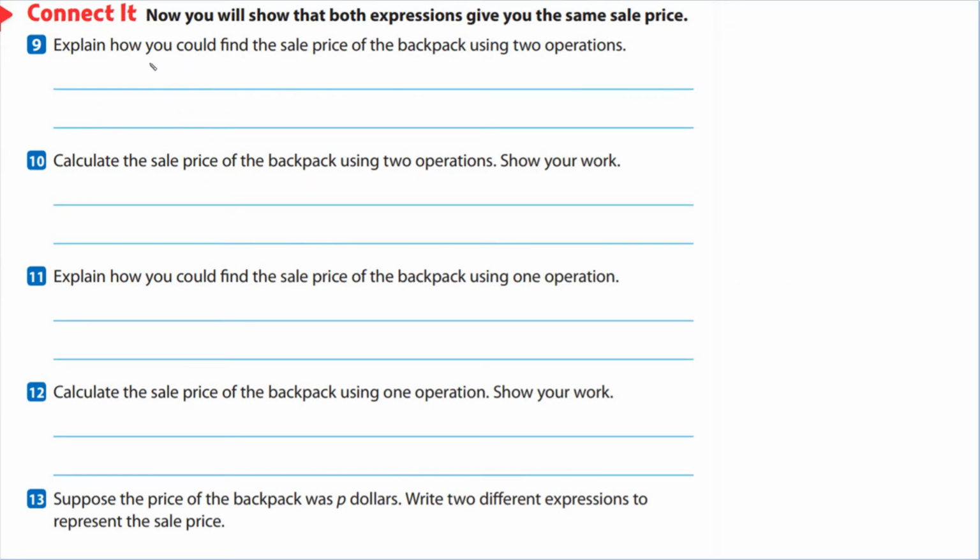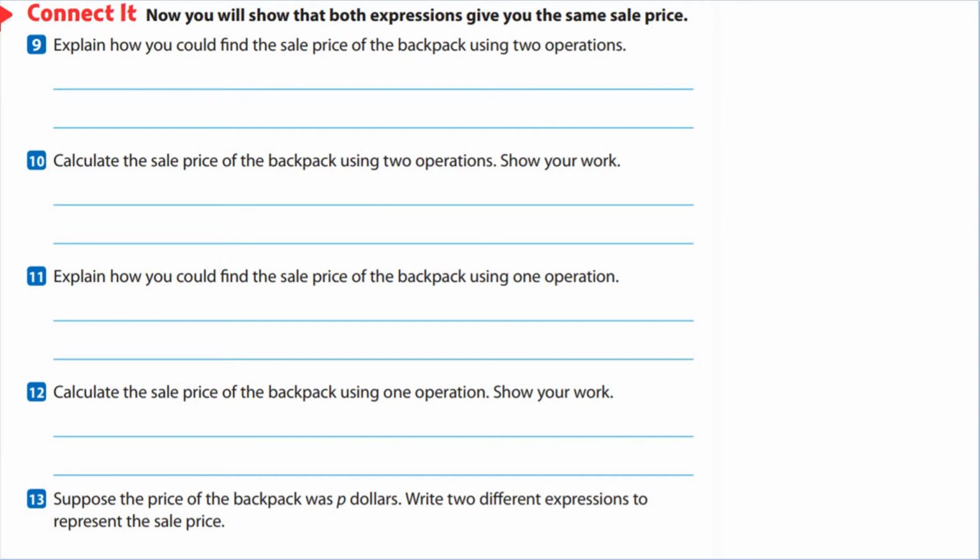Let's connect all of this right now. We're going to ask you to solve these 5 questions. Question 9. Explain how you could find the sale price of the backpack using 2 operations. Just a little clue with the model it. Question 10. Calculate the sale price of the backpack using the 2 operations, and then please show your work. Question 11.